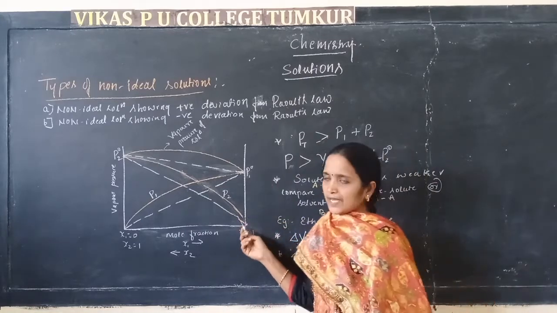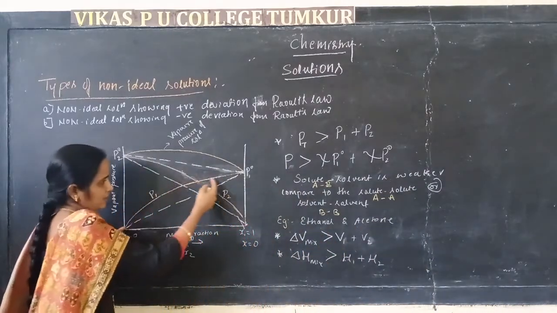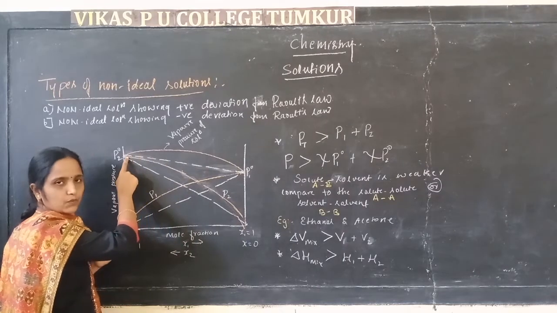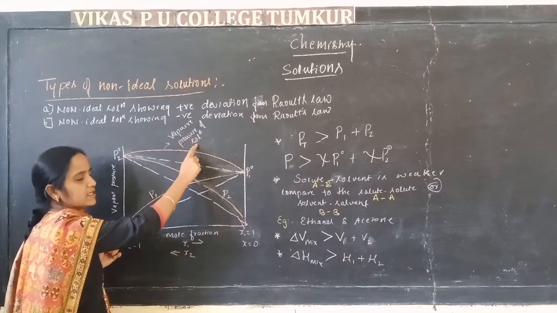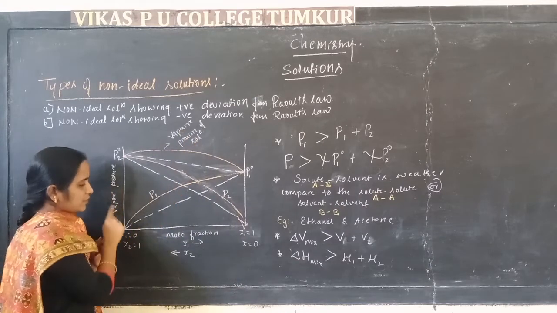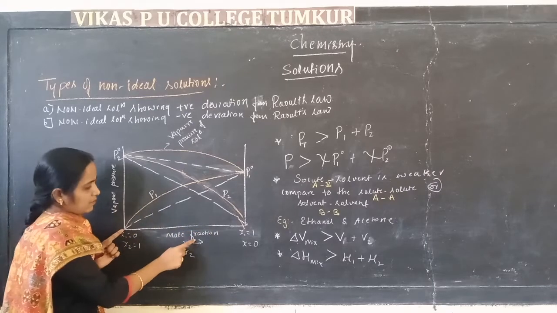In this graph, you can observe the increase in the pressure of the solution. This also shows the increase in the pressure of component 2. Then this shows the vapor pressure of the solution. The graph is drawn as vapor pressure versus mole fraction.